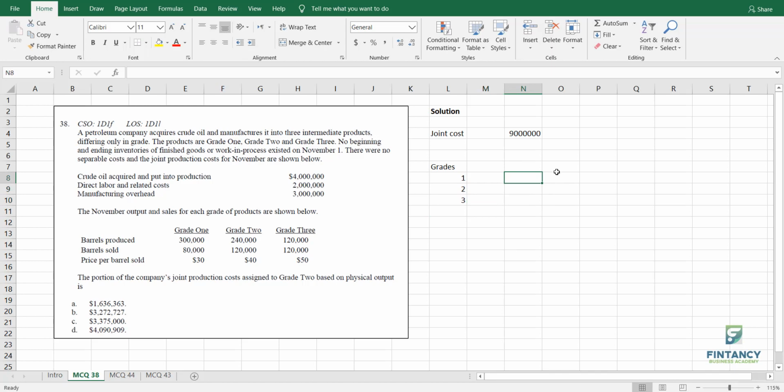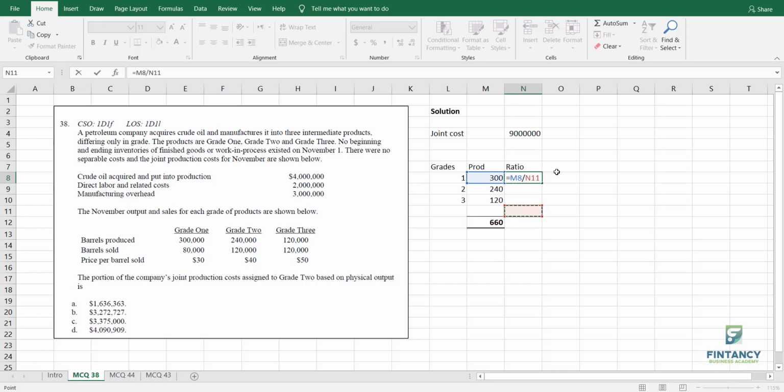Grades 1, 2, 3, and production: 300, 240, 120, right? You have to take the total because we need the ratio. How to get the ratio? This divided by this.